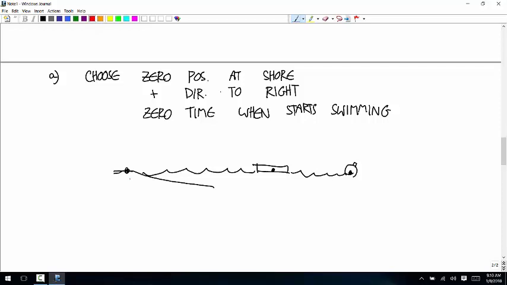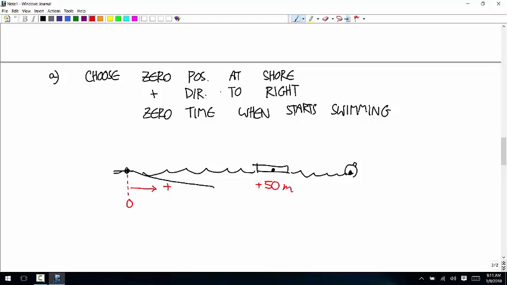Our 0 position is at the shore, so numerically, the value of the shore is 0. The positive direction is to the right, and it's 50 meters distance between the shore and the raft. So numerically, what would be the location at the raft? Yep, positive 50.